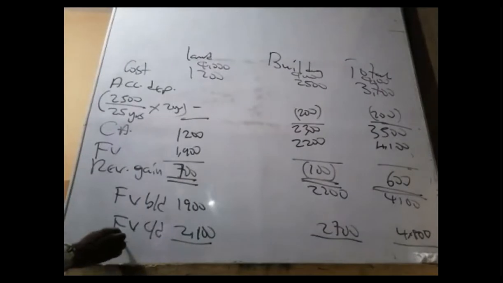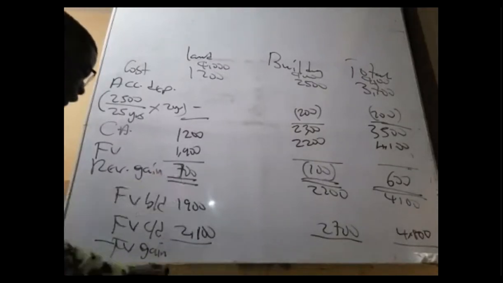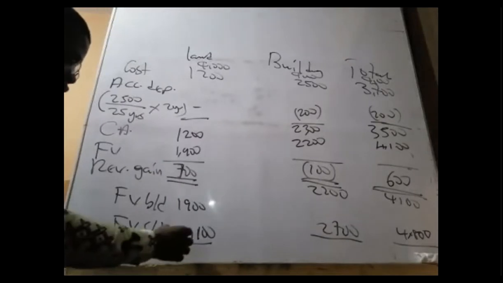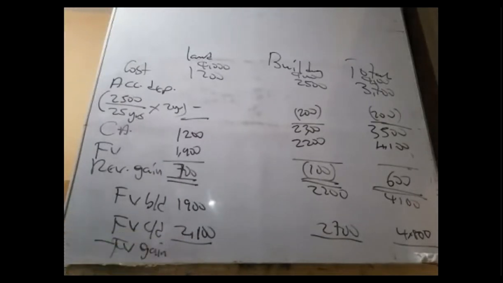So fair value gain on investment property. This one goes to the P&L. This one goes to the OCI. So the fair value gain on investment property is for 300 or 200. That would be 200, right?